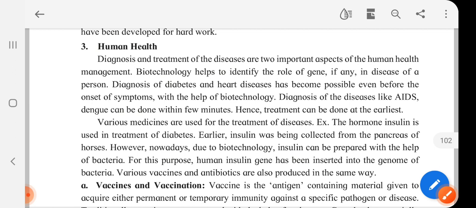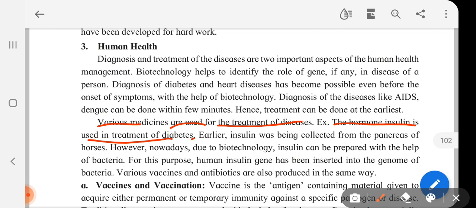Various medicines are used for the treatment of diseases. For example, the hormone insulin is used in the treatment of diabetes. Earlier, insulin was being collected from the pancreas of horses.